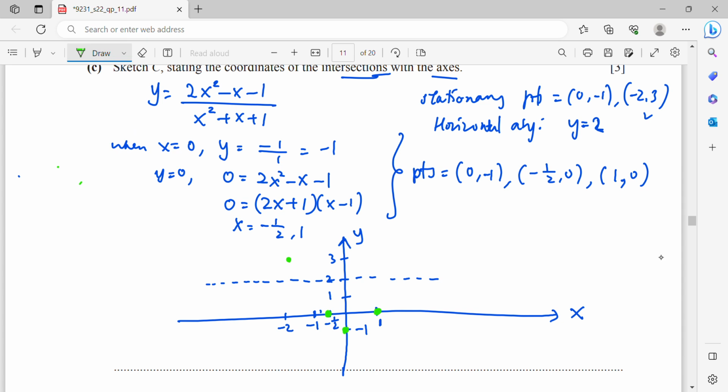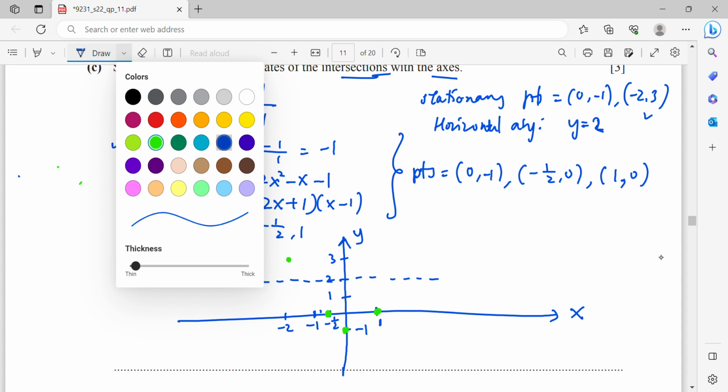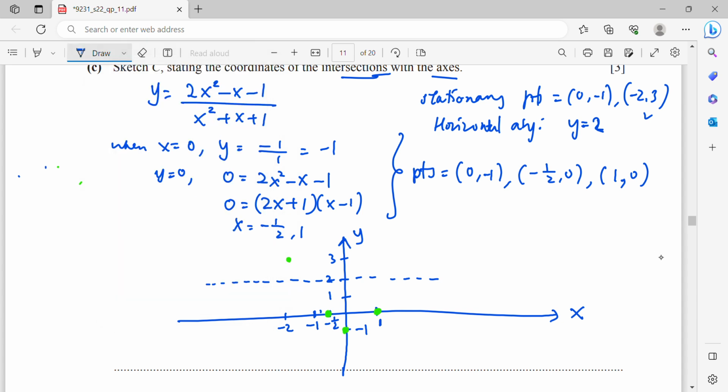Okay, now since y equals 2 is an asymptote, it means that when x tends to infinity, y will tend to this horizontal dotted line, y equals 2. At the same time, 0, minus 1 is a stationary point, so it might be maximum or minimum. But by looking at this, most likely it is a minimum point because we want to join these two intersections as well.